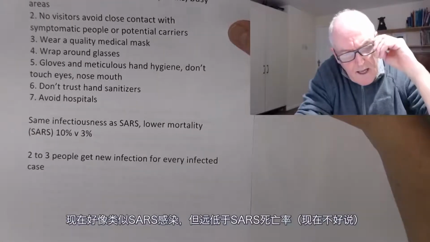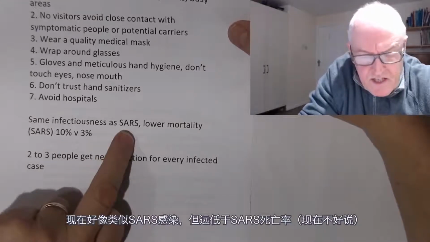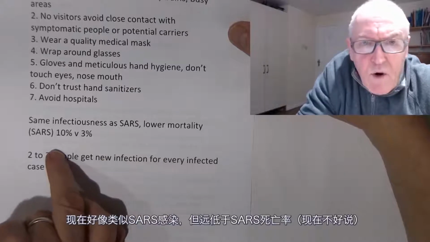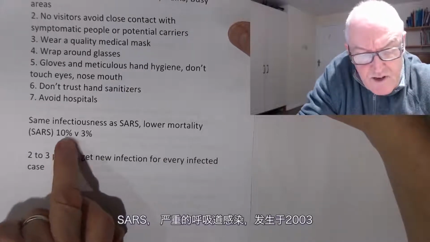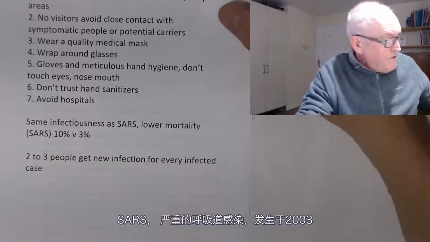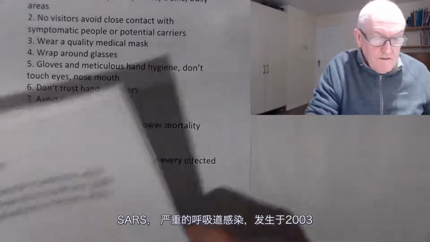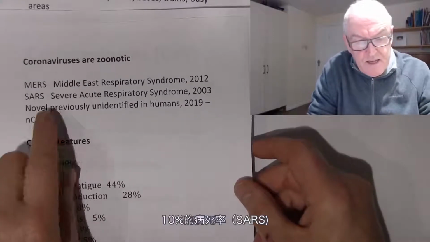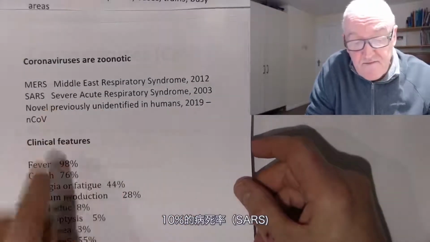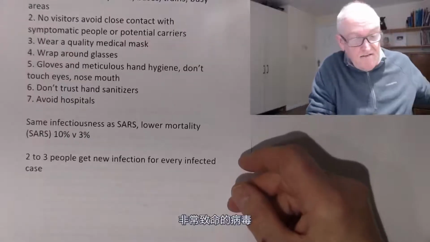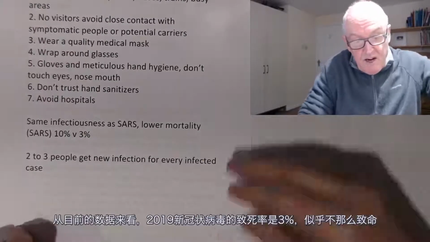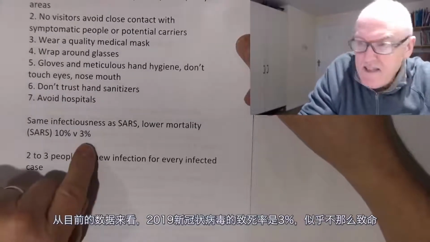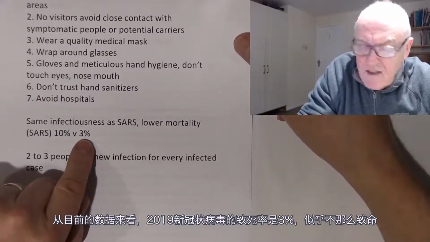Now, it's looking at the moment like this has about the same infectiousness as SARS, but so far a lower mortality. So with SARS, the severe acute respiratory infection, 2013, 10% of people that got that died. Very virulent virus. So far with the novel coronavirus 2019, it's looking like the death rate is about 3%.